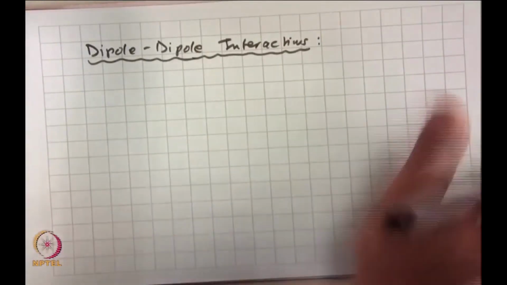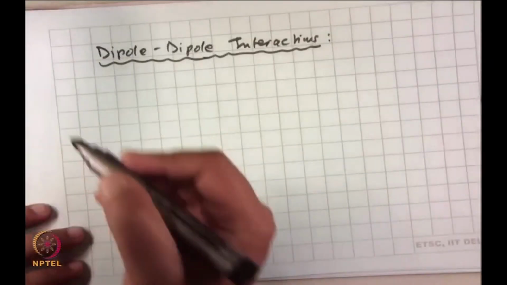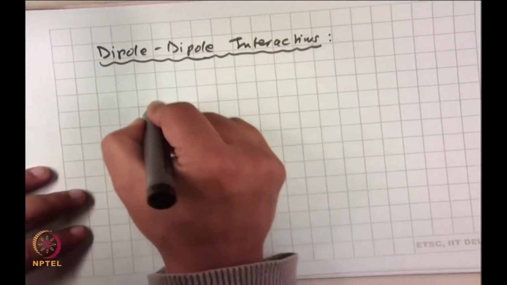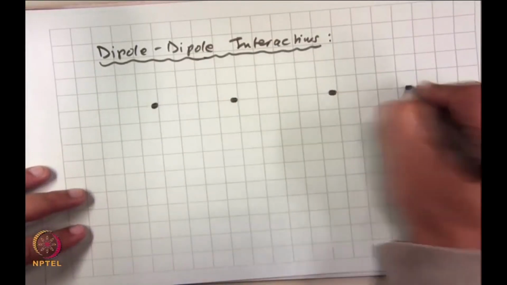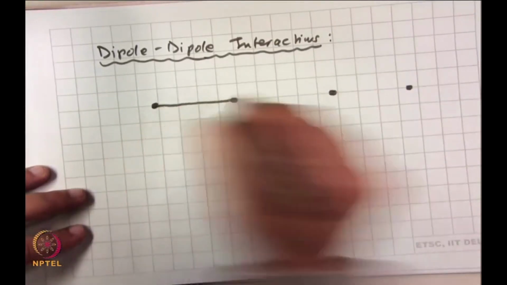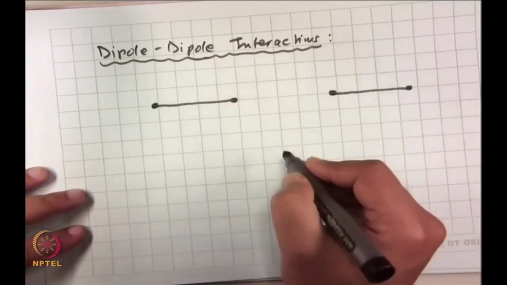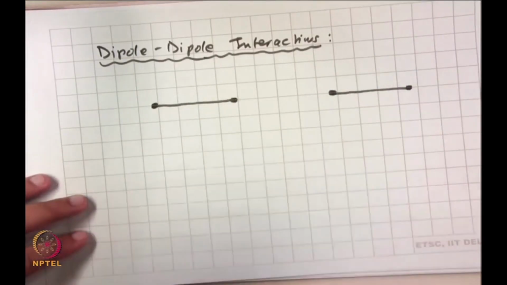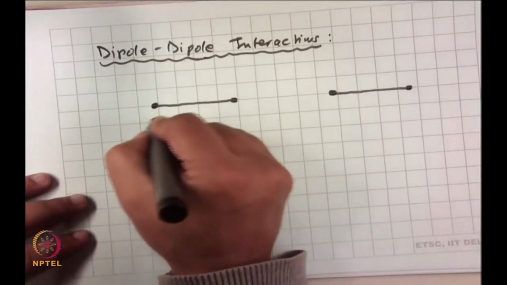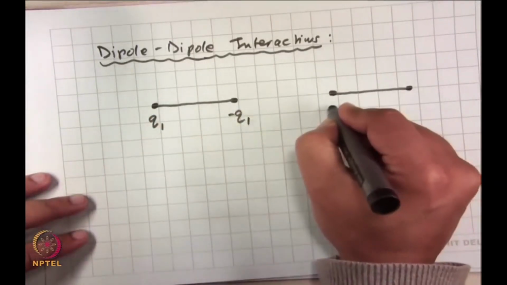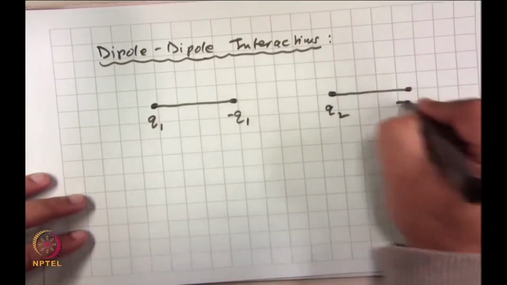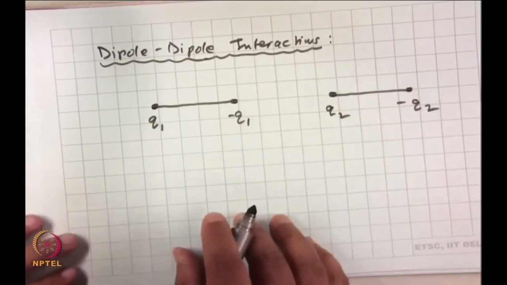Okay? So, now again let us take a very general case. That means I have two dipoles like this. Let us keep this on the same line, let us make the geometry collinear. Let this be q1, minus q1, q2, minus q2.